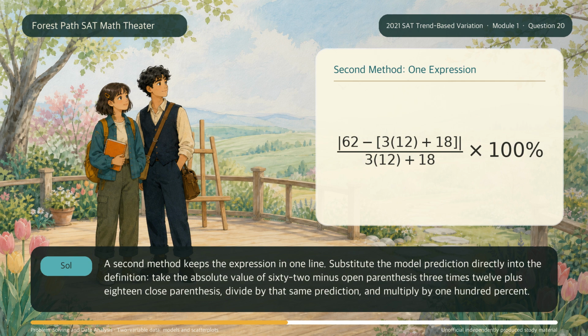A second method keeps the expression in one line. Substitute the model prediction directly into the definition. Take the absolute value of 62 minus open parenthesis 3 times 12 plus 18 close parenthesis. Divide by that same prediction, and multiply by 100%.